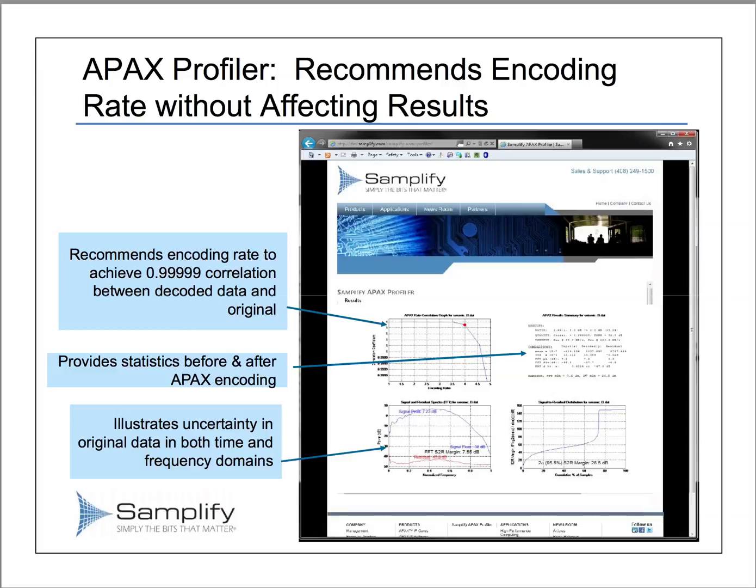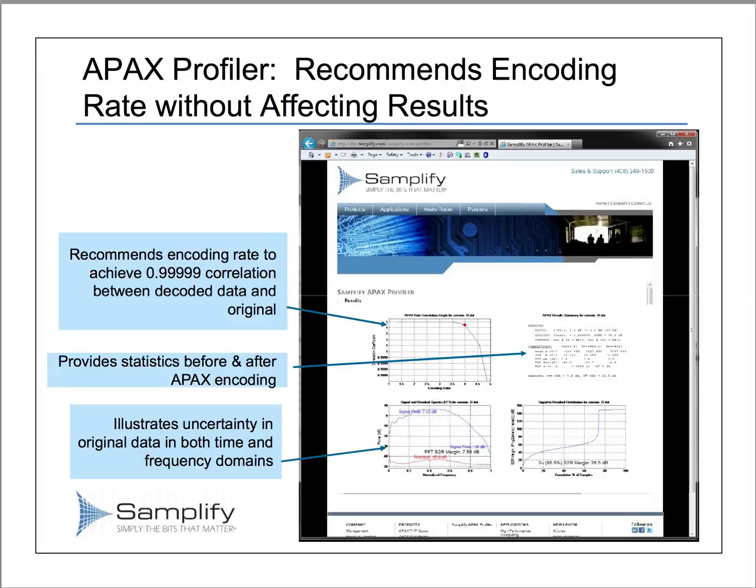So the spectrum of the residual signal is, in this case, about 8 dB below the lowest spectral component of the input signal. So this is something else that makes Samplify's APAX encoding unique, that the residual level is quite small relative to the size of the input data and the spectrum of the input data.